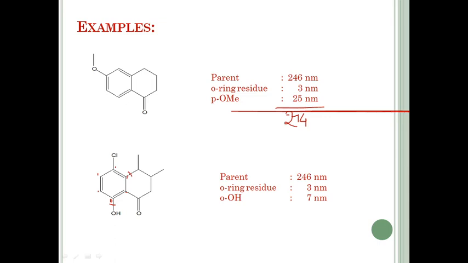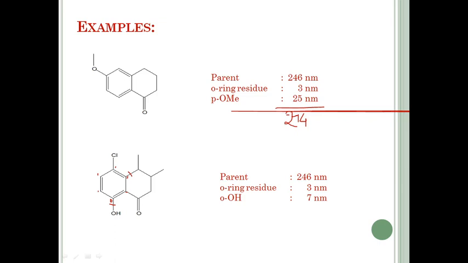One ring residue is present at ortho position, and on this side at ortho position you have an OH substituent. For one ring residue at ortho position you have to give 3 nanometer increment. For one OH substitution at ortho position you have to give 7 nanometer increment.